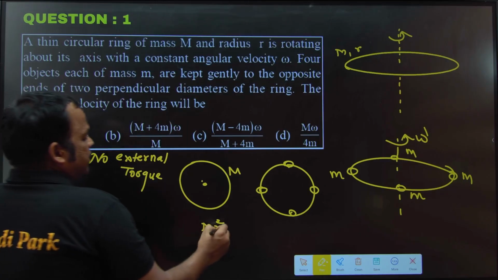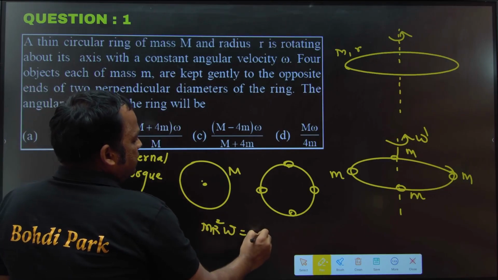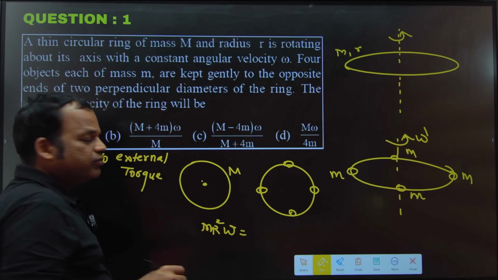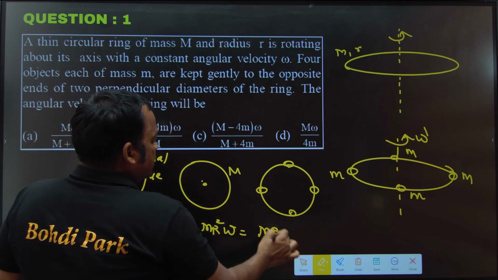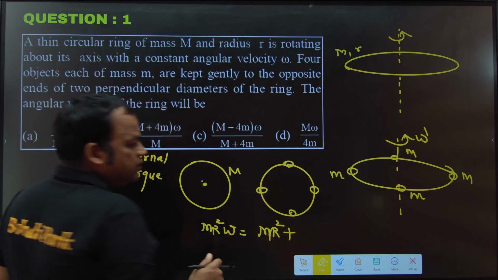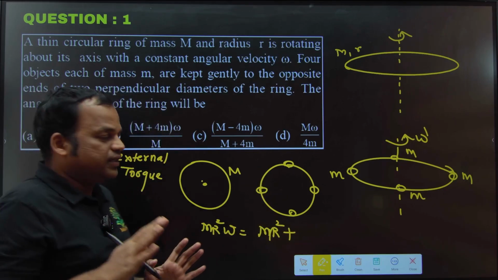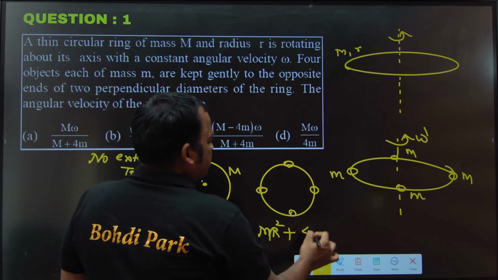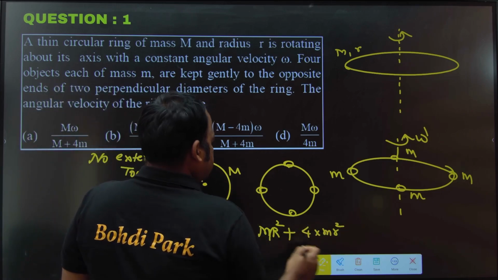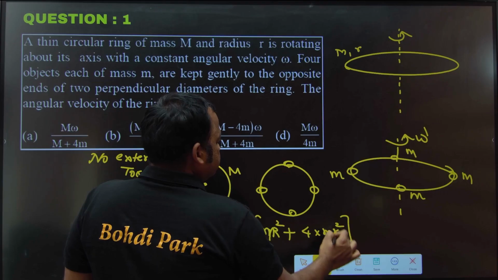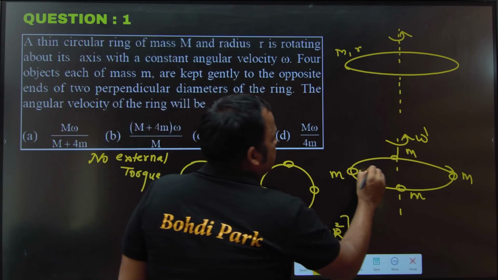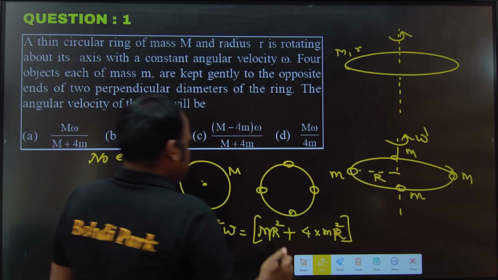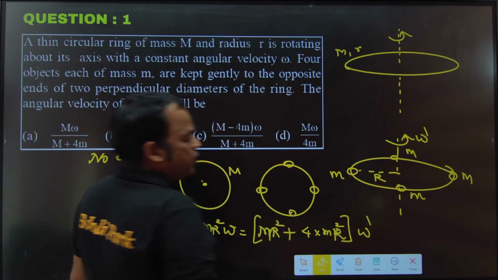So Mr square into omega is equal to new moment of inertia, which is Mr square plus the moment of inertia of the 4 particles, which is 4 times mr square, and this distance from the axis is r, into omega dash.